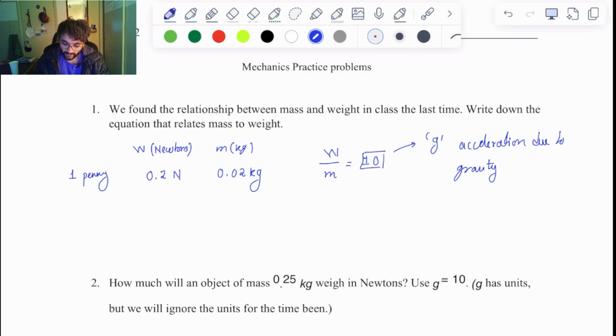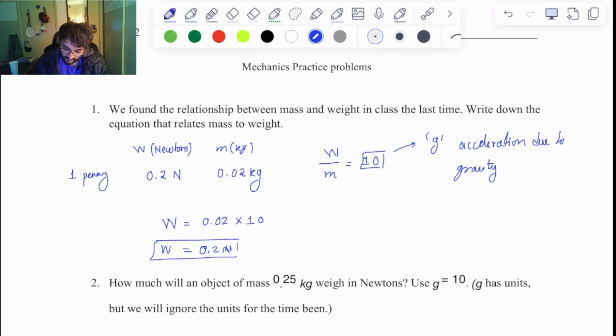So if someone asks you, if the mass is m, what is the weight in newtons? You just multiply that number by 10. Just to recheck, in order to get W in newtons, if you have mass in kilograms, which is 0.02, you multiply that by 10, you get 0.2 newtons. So it checks out.